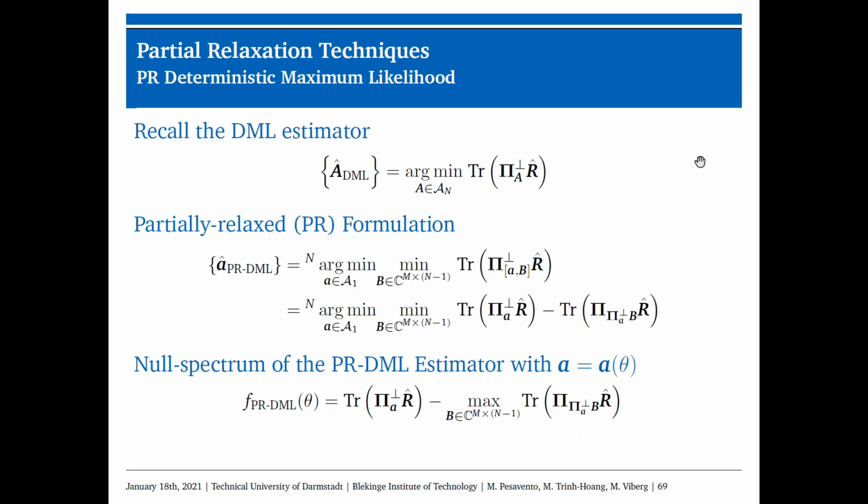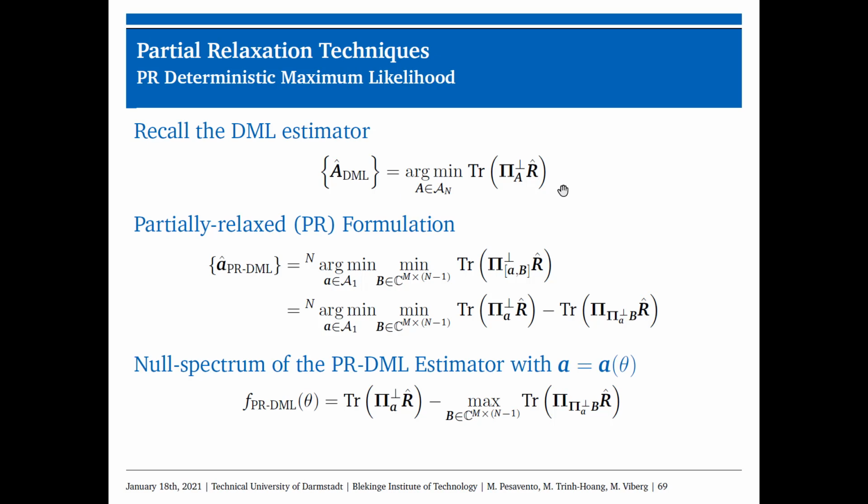In the following, we will describe in detail how to apply the concept of the partial relaxation framework, or PR in short, to the optimal parametric methods presented in this tutorial. So let's start with the deterministic maximum likelihood, where we have to minimize the trace of the product between an orthogonal projection matrix times the sample covariance matrix.